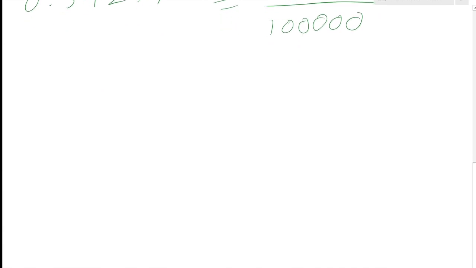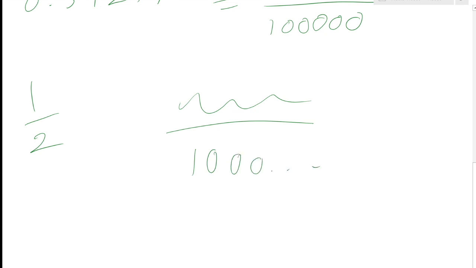So how do we go the other way? How do we convert from a fraction to a decimal? Well, for something like a half, as we've seen, we know that it's equal to 0.5, but how can we work that out? Well, as we saw from converting decimals to fractions, we always wanted to get the decimal in the form something over a multiple of 10, a power of 10.